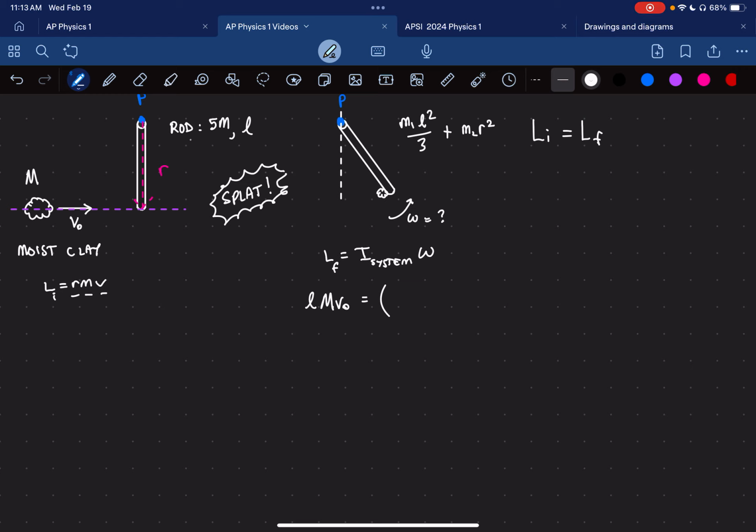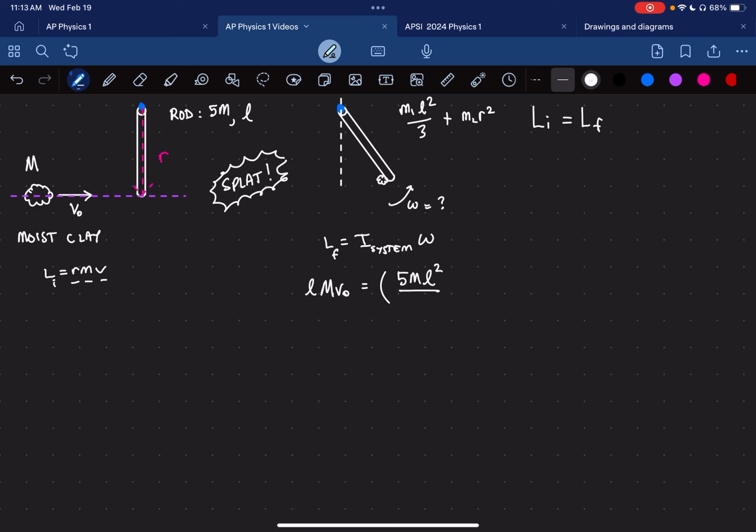So let's put this in values that we actually know. So we know these values here. Again, the rotational inertia of the rod goes first. That's 5m, the length of the rod is just L, so that stays as L squared over 3, plus the mass of the clay, which is just capital M, and the distance r, which is not that r anymore, it's a different r.